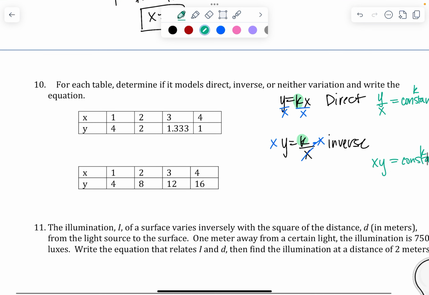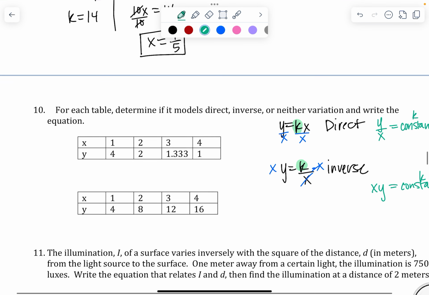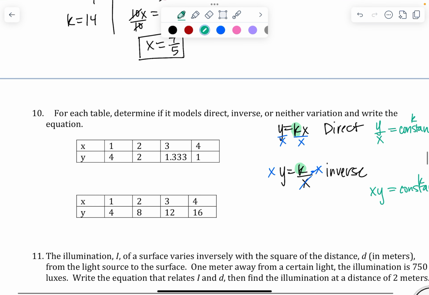And so looking at our first table, our x's and y's, if I were to multiply x times y, 1 times 4 is 4. If I were to multiply them here, 2 times 2 is 4. This is supposed to be 4/3. And so here, if I multiply 3 times 4/3, I'm still going to get 4.